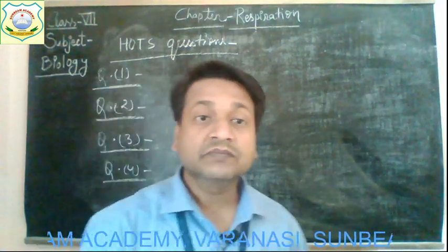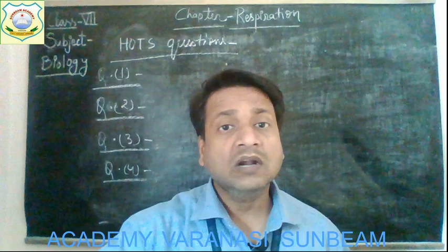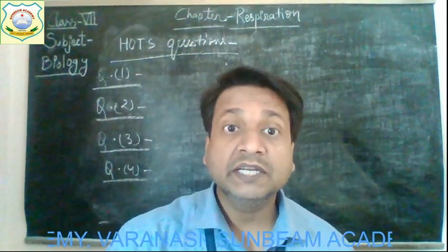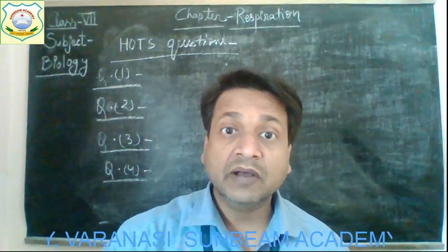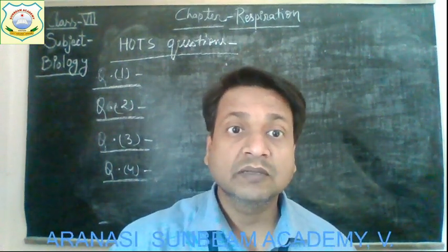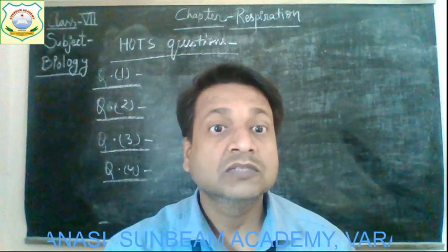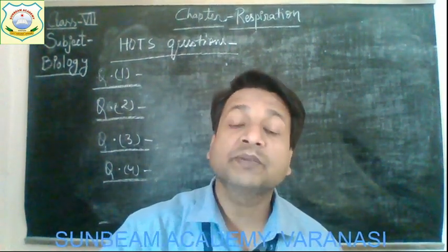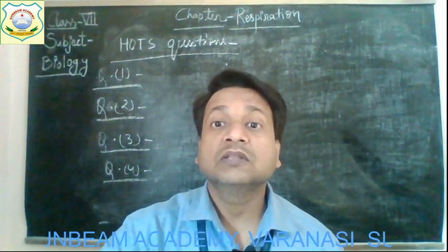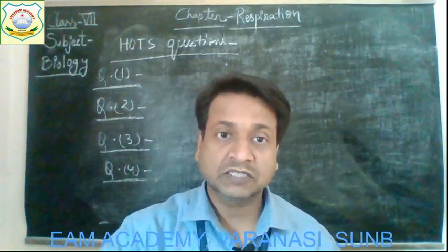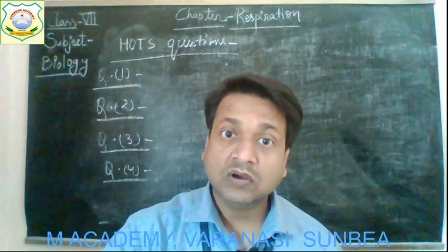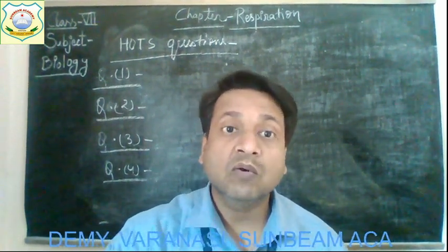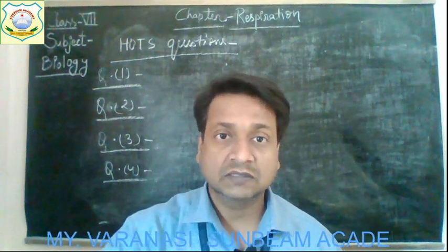And the question is, why do plants not need a respiratory system? So children, we have studied the respiratory system of animals like humans, but plants do not have one. The reason is that plants do not need a respiratory system because plants show the simplest form of respiration, that is, taking in oxygen and giving out carbon dioxide through stomatal openings in the leaves.